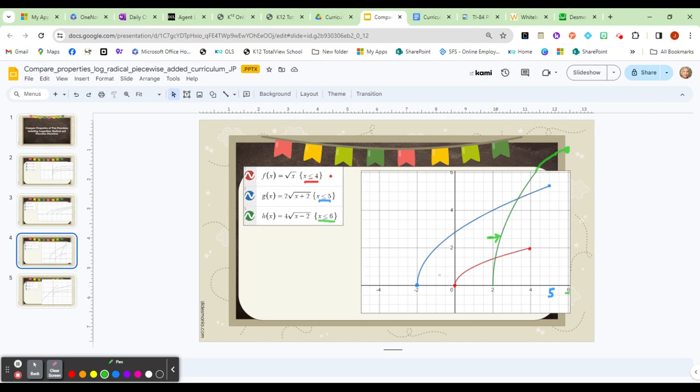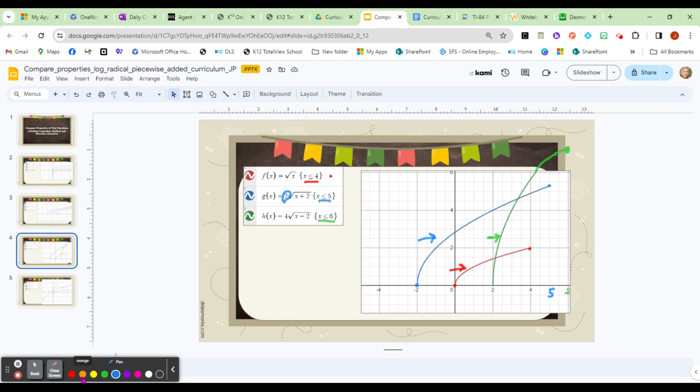Okay. The red graph actually is the less steep. It would be the easiest one to walk up. And then the blue graph would be somewhere in the middle. And that's happening because of the numbers that are being multiplied times the square root. That's called a vertical stretch and shrink.